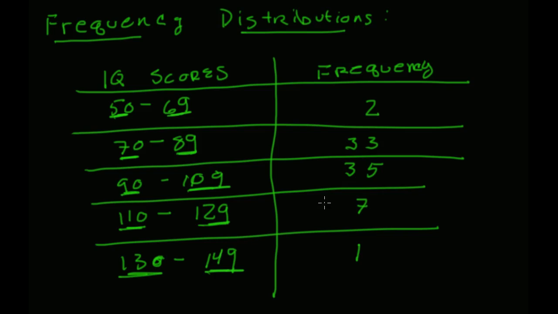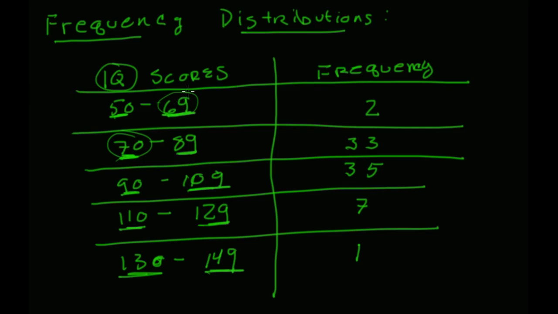Now, there's a little bit of a distortion here, because when measuring something like IQ, I might come up with something between 69 and 70. So what's going on here is there is some rounding. And we have things that are called class boundaries, which are the numbers halfway between the classes.